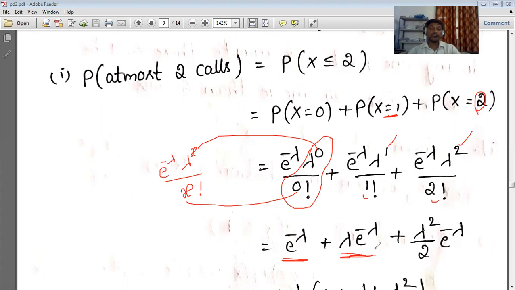In each and every term, which one is the common one? So e power minus lambda is the common one. So we can take that one as common. And what are the remaining ones? 1 plus lambda plus lambda square by 2.